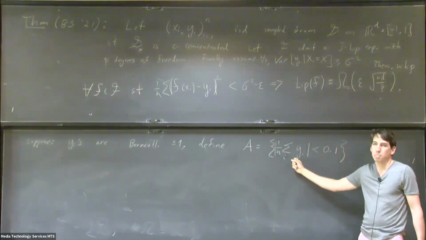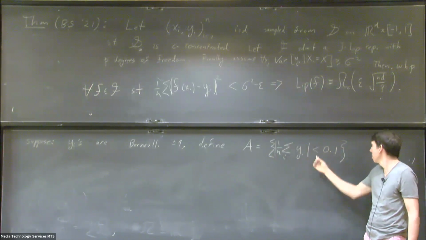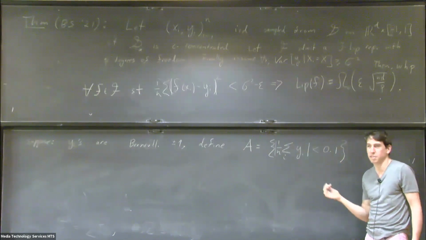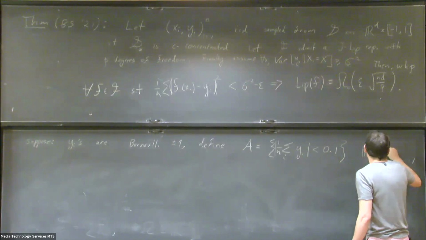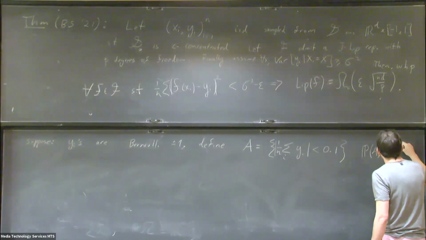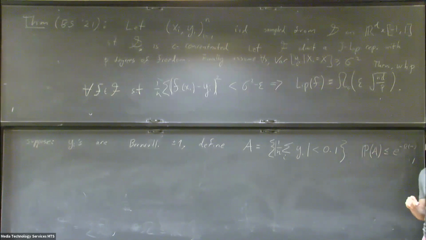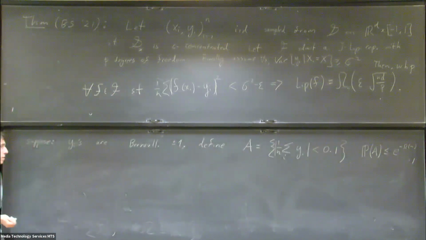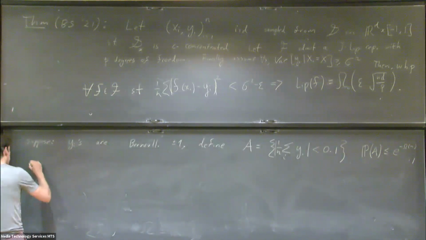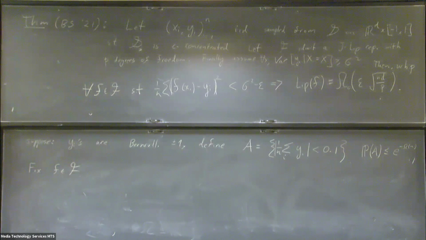Those are just IID Bernoullis. The average by the law of large numbers is like 0. By Hoeffding, or your favorite sub-Gaussian inequality, this has probability something like e to the minus omega of n. Okay, I guess this is clear. And here is the point. Under A, let's fix some f. The probability of 1 and -1 are both half.